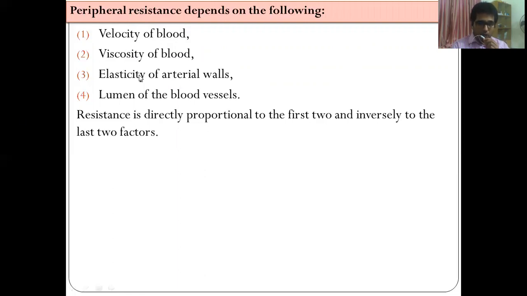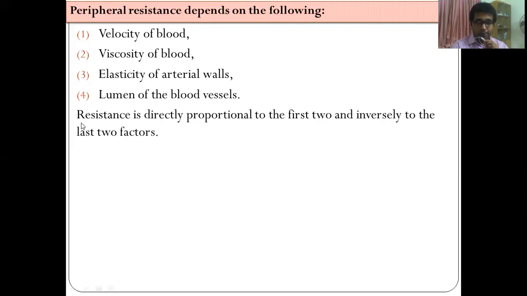But the last two factors, that is elasticity of the arterial wall and lumen of the blood vessels, are inversely related to the resistance. By this time you already know that resistance is basically related to the fourth power of the radius. So if the elasticity is lost, the resistance will be increased. That happens in advanced age, thereby increasing the blood pressure.